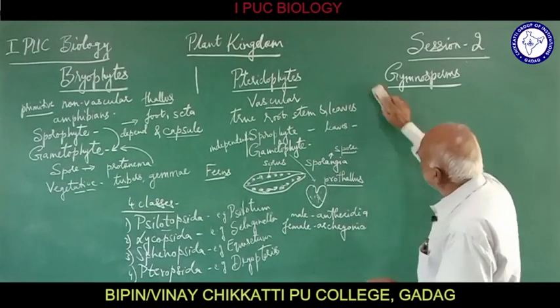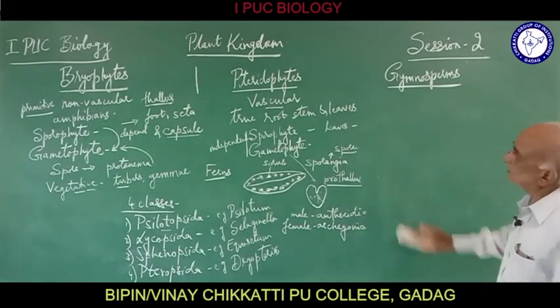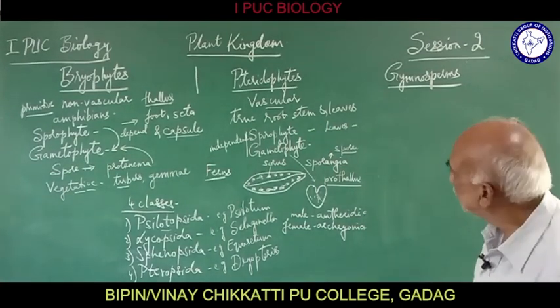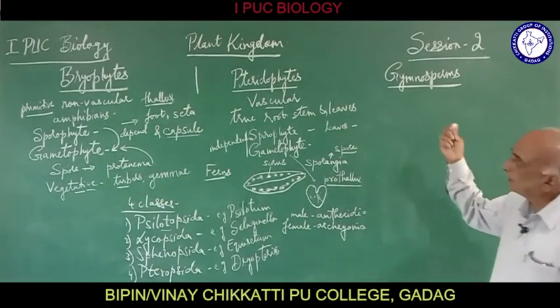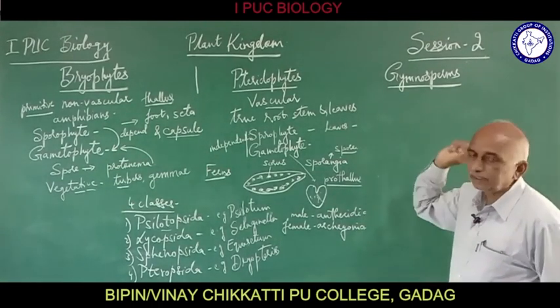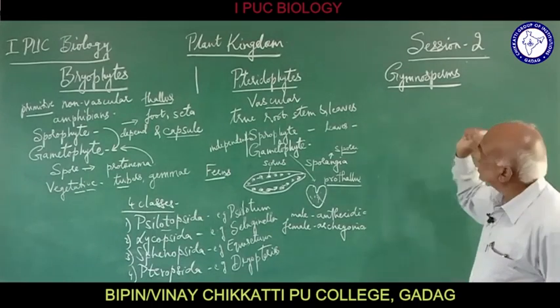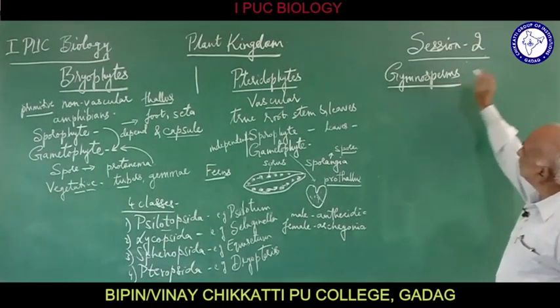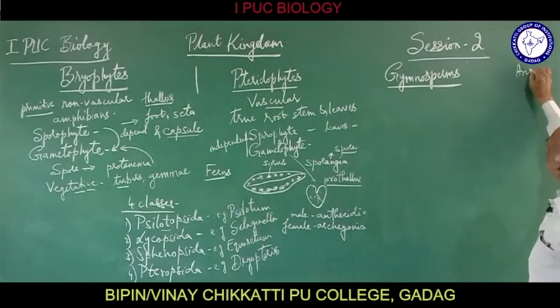Now coming to the next part, gymnosperms. Gymnosperms are also vascular plants, but more developed than the pteridophytes. Gymnosperms and angiosperms are the next group.